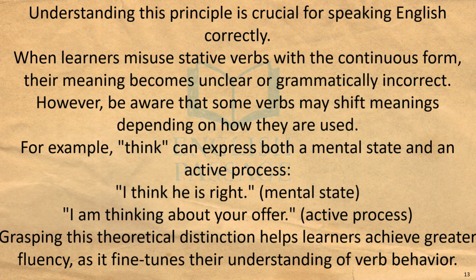For example, think can express both a mental state and an active process. I think he is right. Mental state. I am thinking about your offer. Active process. Grasping this theoretical distinction helps learners achieve greater fluency as it fine-tunes their understanding of verb behavior.